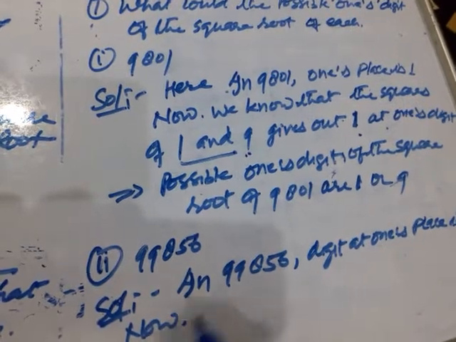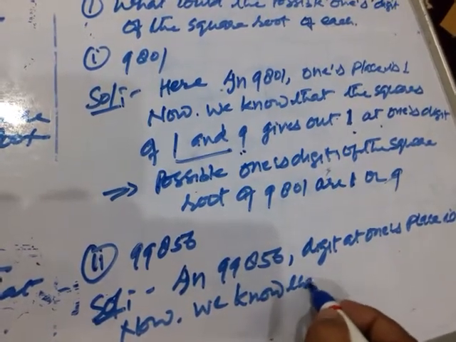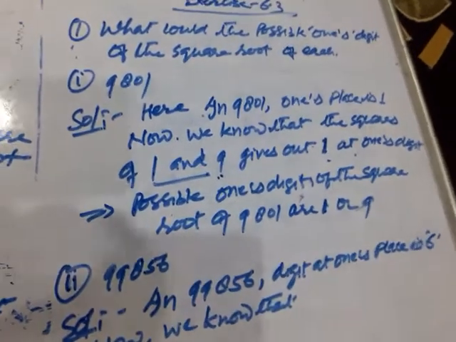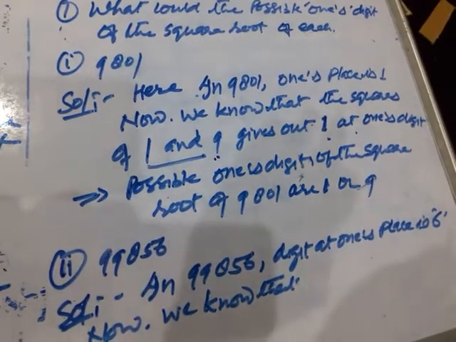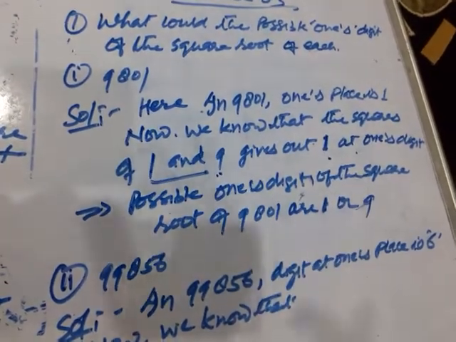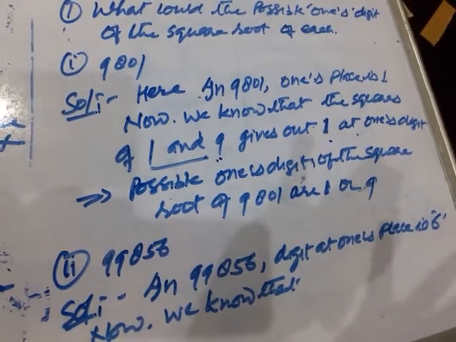When will we get 6? If we take the square of 4 or the square of 6, 4 squared is 16 and 6 squared is 36. Square of 4 and square of 6 give out 6 at one's place.